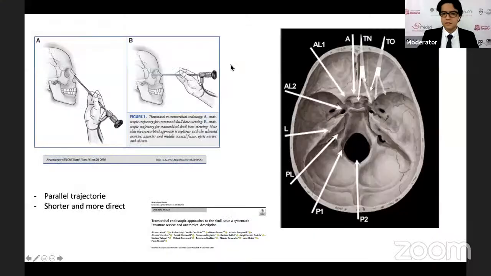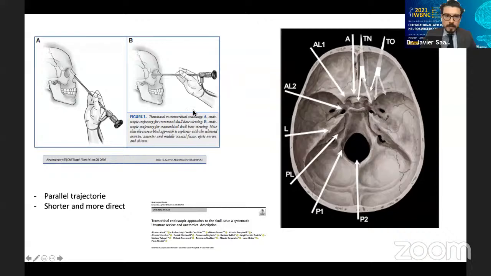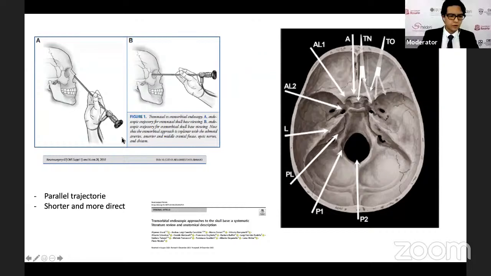Listo. We have difficulties here. We'll restart. I'm sorry, I'm here. Okay. Go ahead, doctor. Yeah, I'm back.